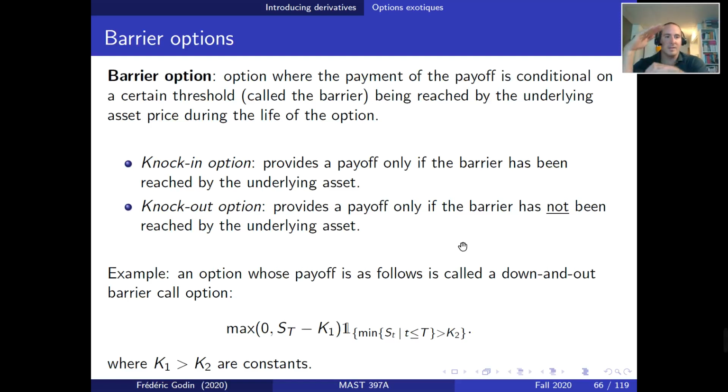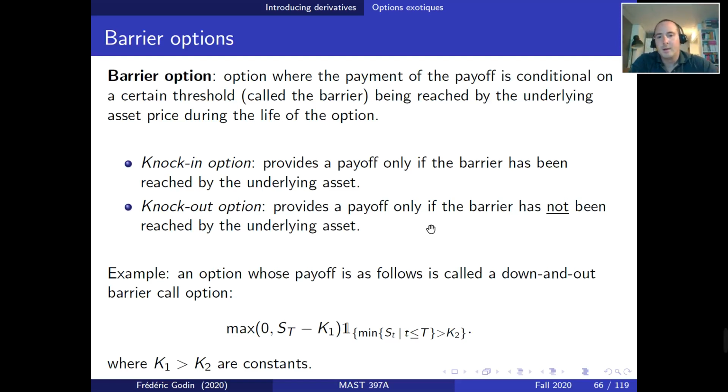So if, for example, there's an upper threshold, we have a knock-in option. The payoff is provided if and only if the underlying asset knocks the barrier, so it reaches that threshold. If it reaches that threshold throughout the life of the option, then the option will provide the payoff. But if the underlying asset remains below that threshold for the whole duration, then no payoff will be provided by the option.